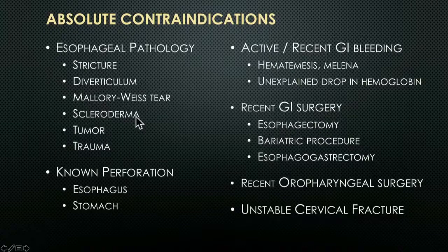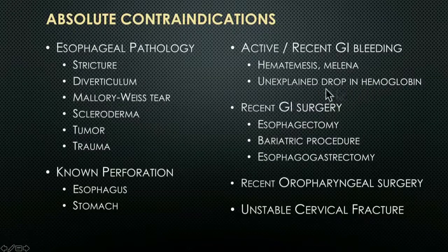I really don't want to be putting a probe down unless it's absolutely necessary. Tumor and trauma to the esophagus, known perforations of the esophagus or stomach, recent or active GI bleeding, including hematemesis and melena, and some would extend that into an unexplained drop in hemoglobin where there is no other obvious explanation.